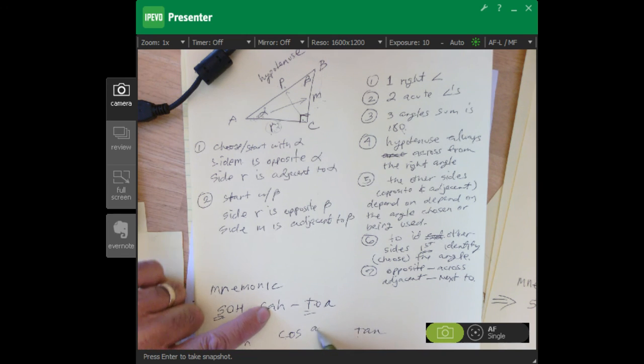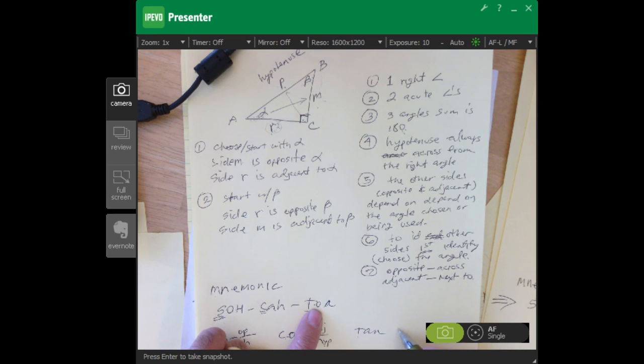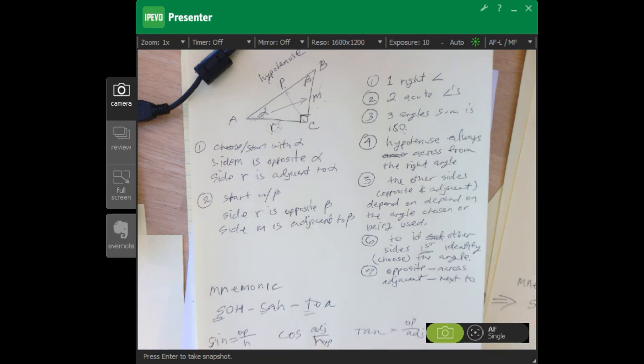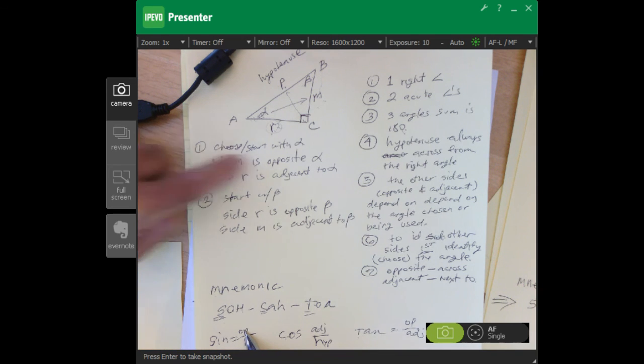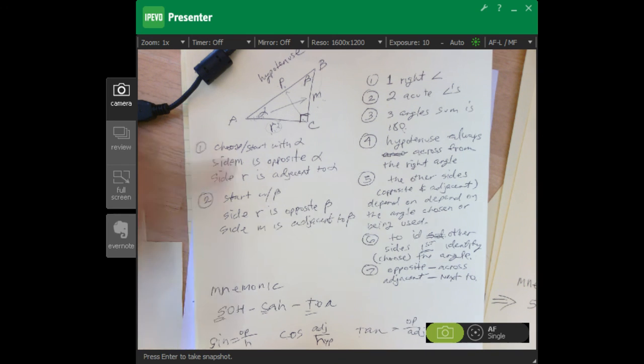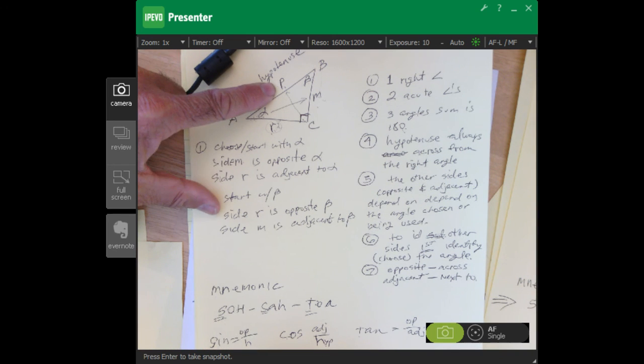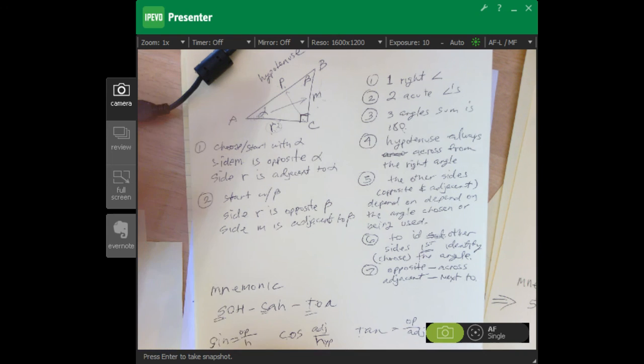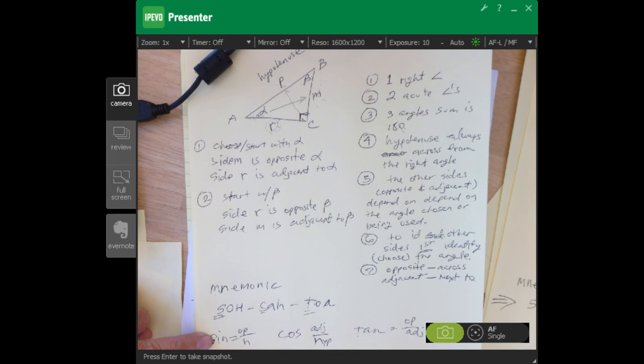Cosine is adjacent over the hypotenuse. Tangent is opposite over the adjacent. So if we were looking at sine alpha, for instance, the opposite of alpha is M. That would be M over H, where our hypotenuse is P. Okay, and so on.